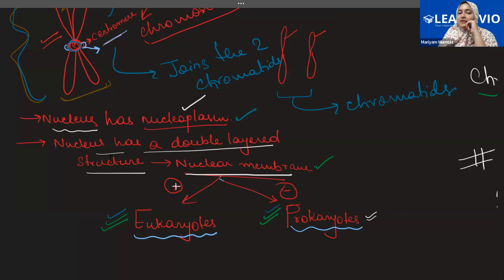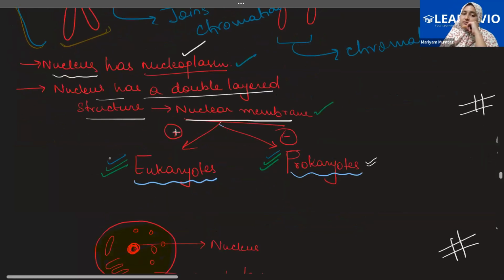It is the semi-fluid like structure which is present inside the nucleus. Now, the nucleus has a double membrane structure. As we remember, if the nuclear membrane is present in the organism, we call it a eukaryotic organism, and if it is absent, we call it a prokaryotic organism.